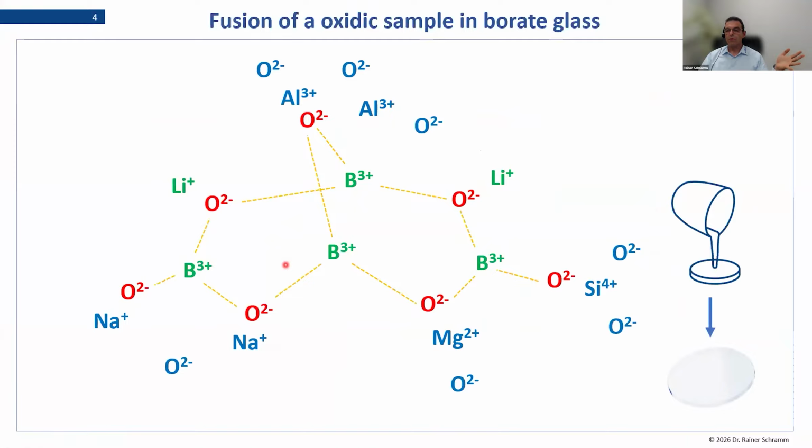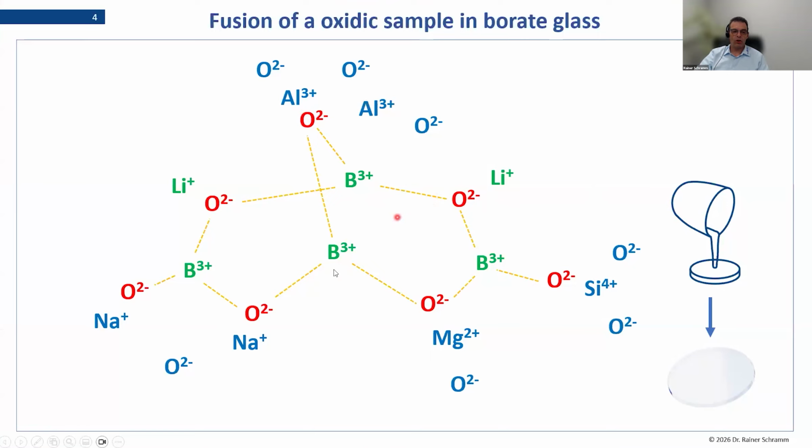And of course, the most part of this material is our lithium borate. And the lithium borate in the glass will make such a loose structure. So there's not a real structure. It's just that the bindings will define the neighbors. And then in this arrangement, our elements from the sample have to integrate.